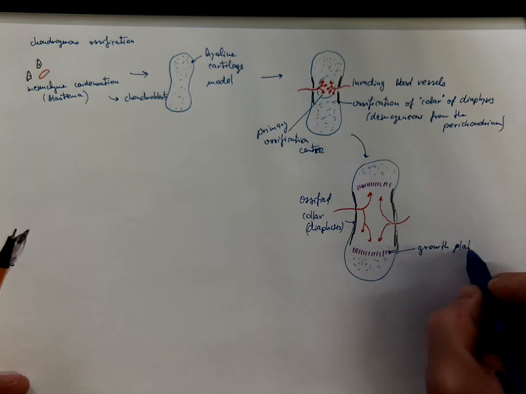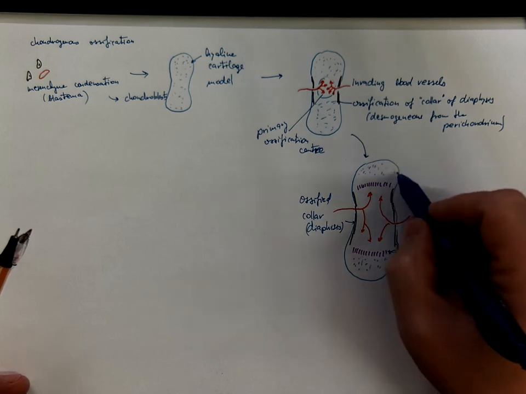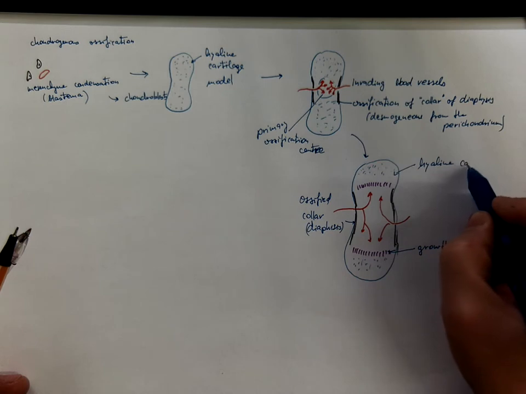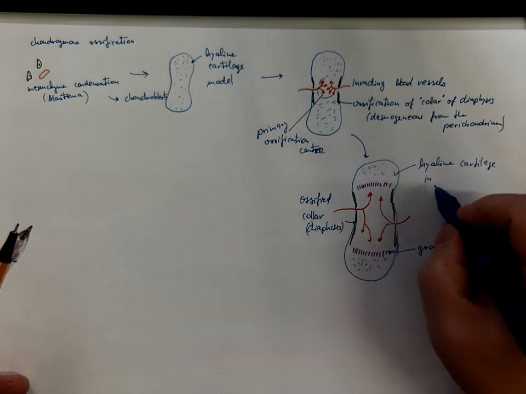This becomes the growth plate. We already know the zones of it, and the remaining hyaline cartilage in both epiphyses.